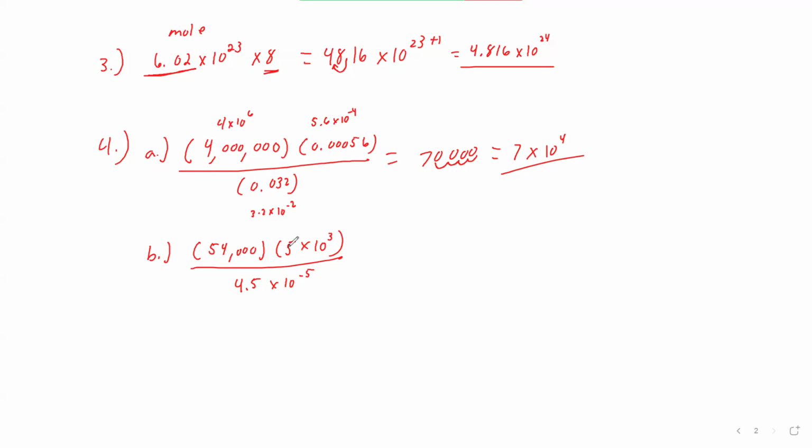All right, so if you want to do this by hand, I would convert this as well. So what would this become? Perfect. So basically what we do is we're going to look at the tens. So I'm going to rewrite this so that this is 5.4 times 5 over 4.5. That part I'll type into the calculator. But with these tens, I would say 10 to the 4th, 10 to the 3rd, over 10 to the negative 5th.